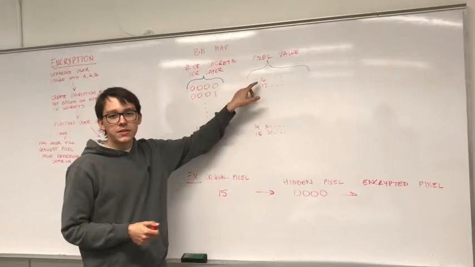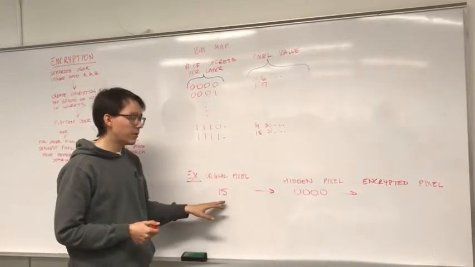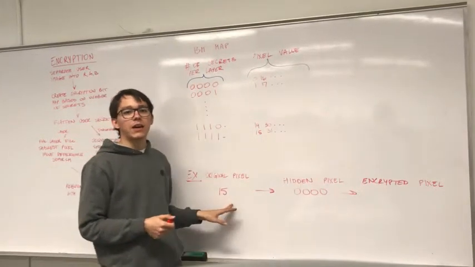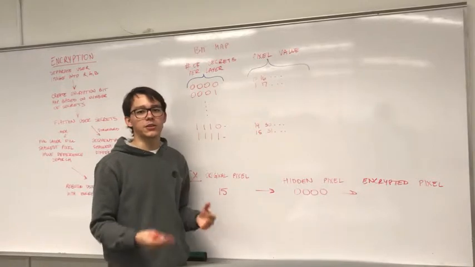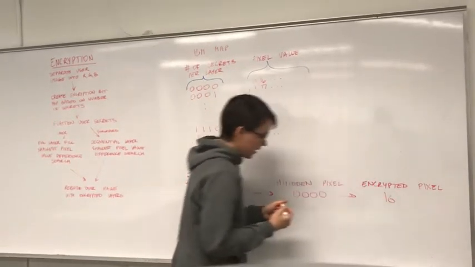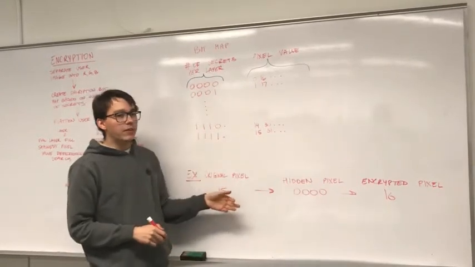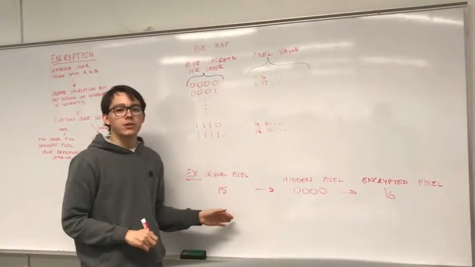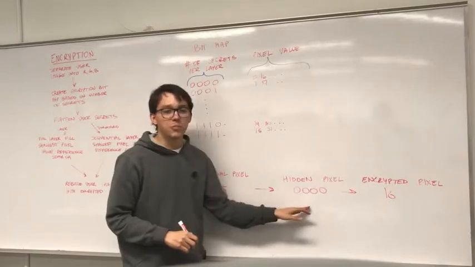Obviously we want to choose number 16 because it's closer to the original value, meaning that it will be much harder to tell the color difference. Therefore, the encrypted pixel will actually be 16.